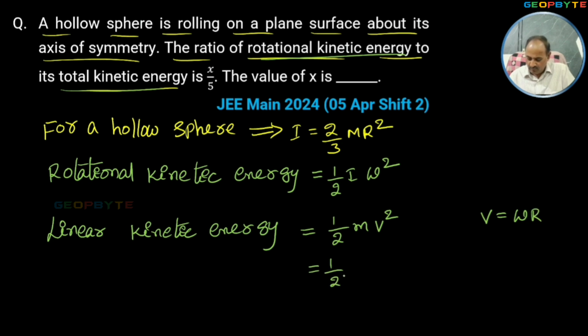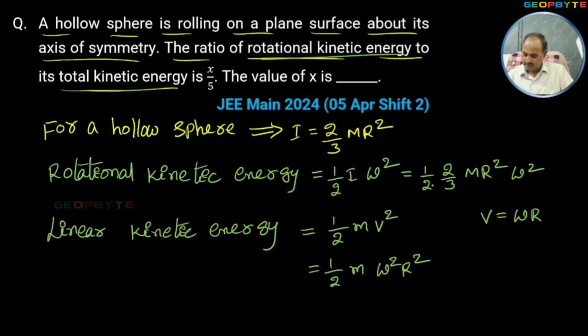It is equal to half m omega square r square. In the place of I, I can write 2 by 3 m r square, so half into 2 by 3 m r square omega square. These two cancel, so finally it is m r square omega square by 3 for rotational kinetic energy.